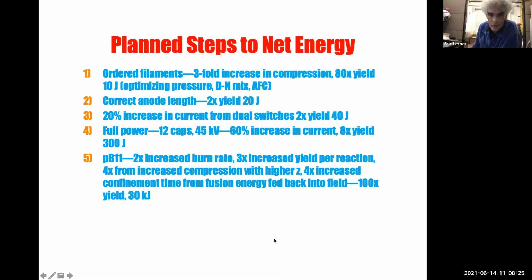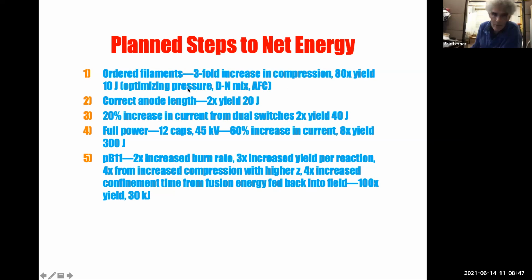Let me just run briefly through where we're going. Clearly, the big step that we need to take is to get this 3-fold increase in compression or in twist, which we expect would give us an 80 times increase in yield.